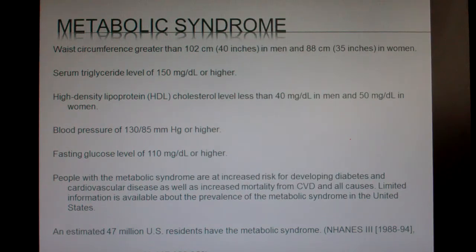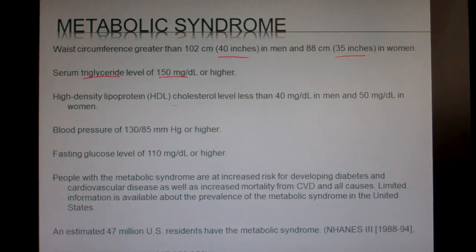Waist circumference. Alrighty. Well, we do have some parameters. Okay, so you're talking 40-inch waist in a man and 35-inch waist in a woman. Your triglyceride levels, 150 or higher. These are not the same as your cholesterol levels. They are triglyceride. They're a little different.